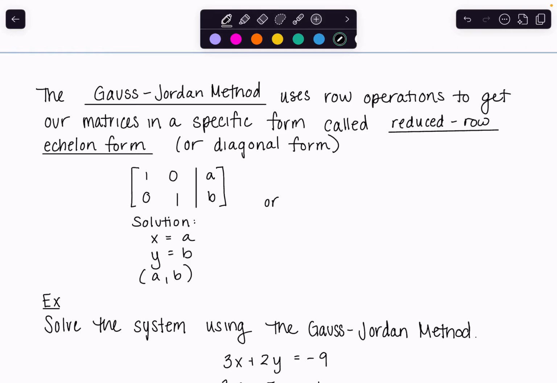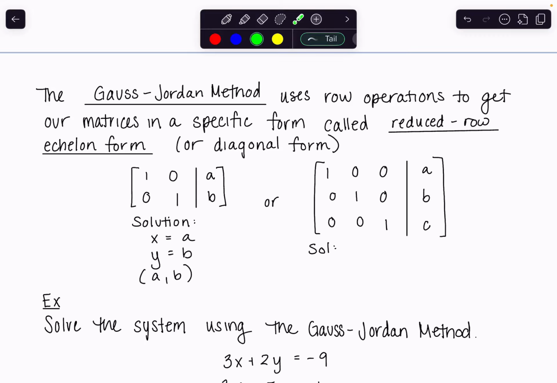Or if you have three equations and three unknowns, again, I have no idea what happens over here. They just become numbers. But again, you want ones along the diagonal and zeros everywhere else. Because again, I can immediately pick off our solution.